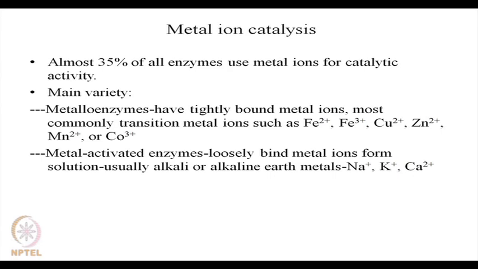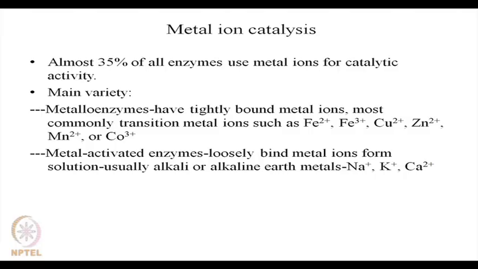So, these metal ion activated enzymes loosely bind metal ions from solutions, and these metal ions are sodium plus, potassium plus, calcium 2 plus. So, the second category is metal ion activated enzymes, and the first category is metalloenzymes, which have tightly, firmly bound metal ions within.